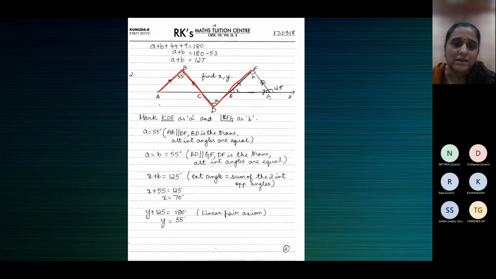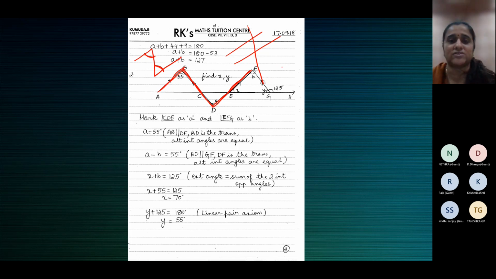Here, parallel line, transversal, parallel line, like a Z. Here are the pair of alternate interior angles, here and here. Because these are the two parallel lines, and this is the transversal. Where are alternate interior angles found? On either side of the transversal.